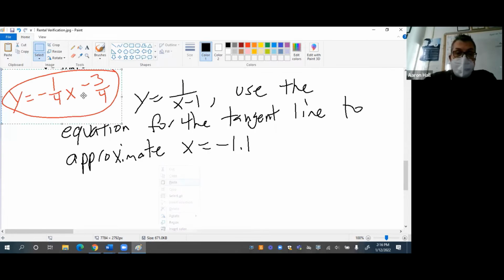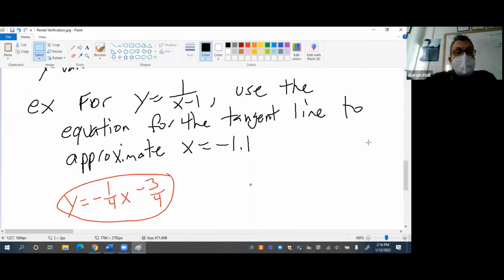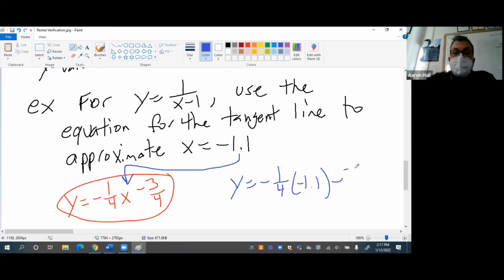So what do we get? y equals -1/4 times -1.1 minus 3/4. What do we get?